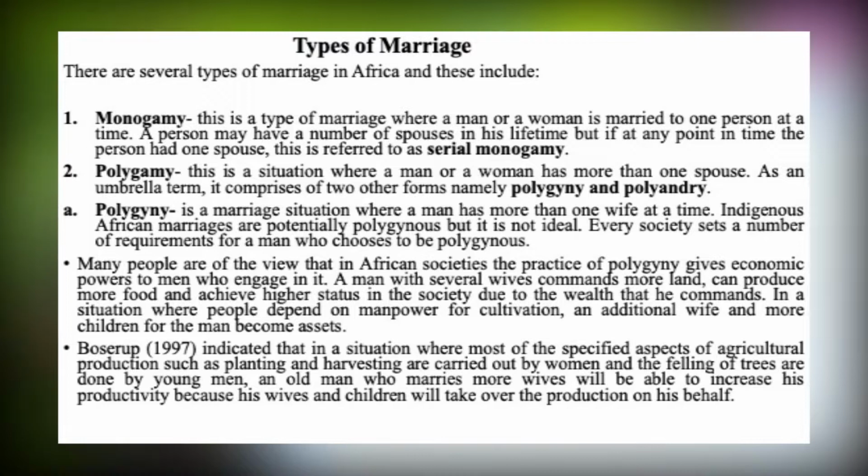Under polygamy, we have a term that is referred to as polygyny. Polygyny is a type of polygamous marriage which involves a man having more than one spouse. So where a man marries more than one wife is referred to as polygyny.